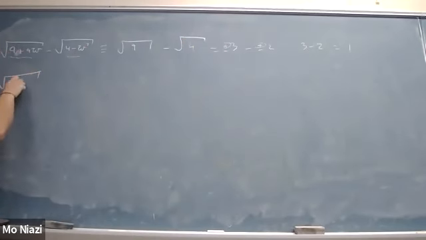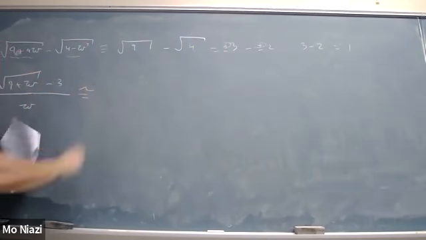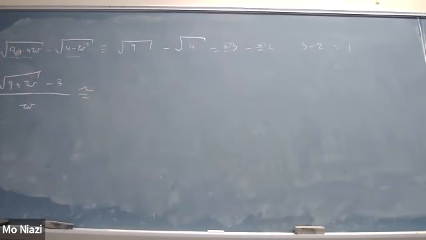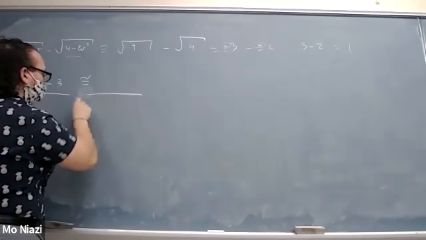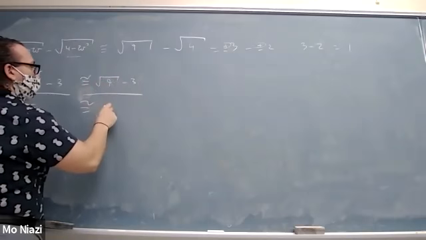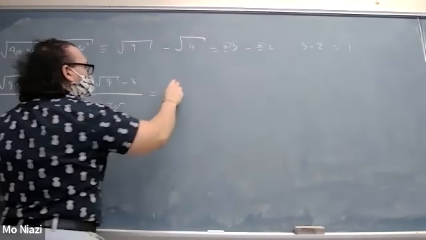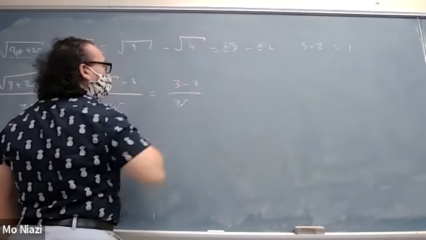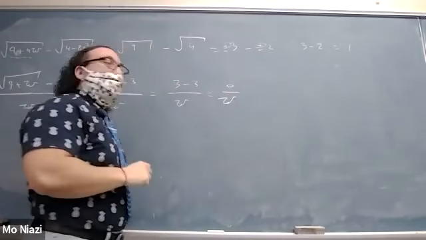What about something like this? What does this approximate to? Well, the numerator approximates to what? So what does that give us?